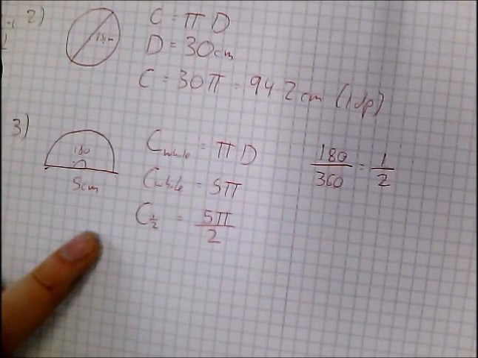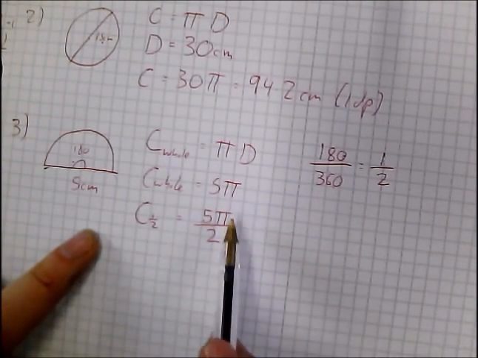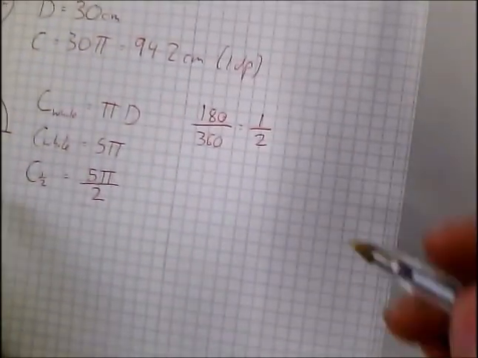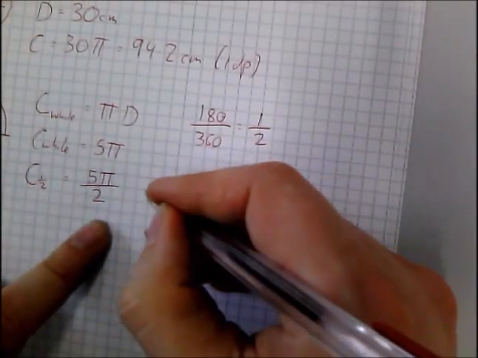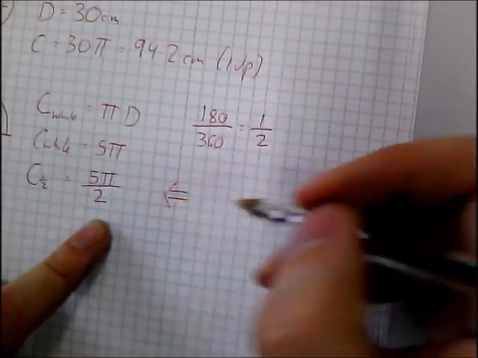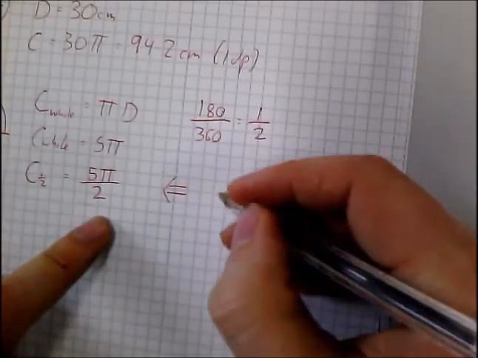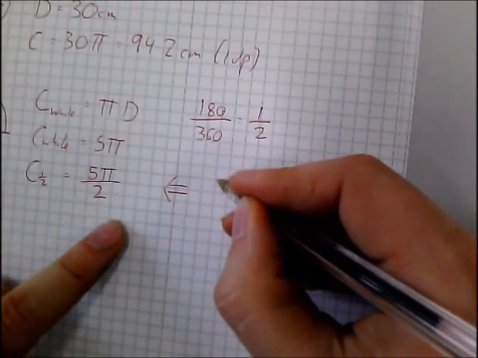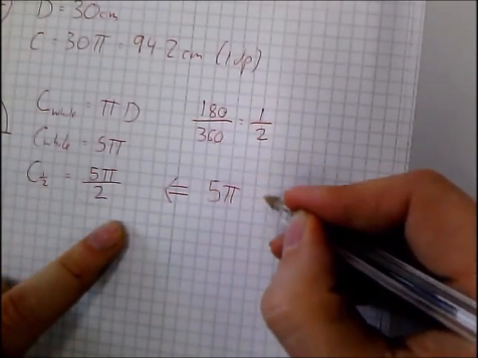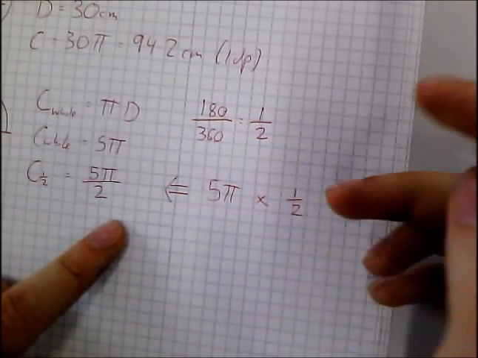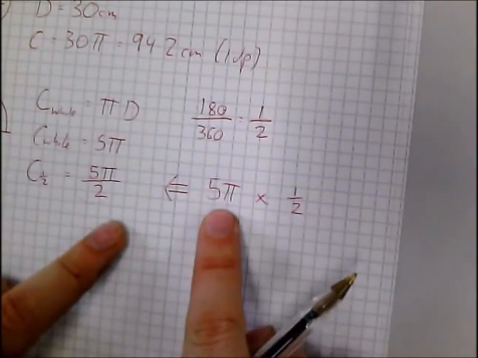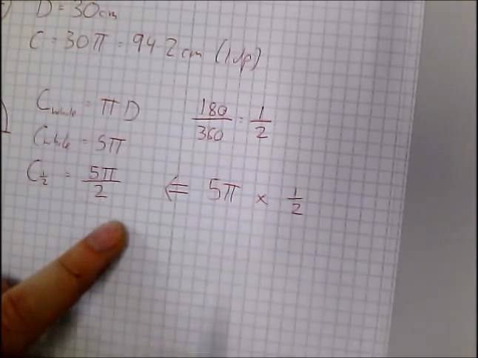Okay, I'm going to go through that bit in a little bit more detail. If you multiply by a fraction, what I've done here, and this you wouldn't normally write as working out, is I've got 5 pi multiplied by a half. So I want to find a half of the circumference, which is 5 pi, and of means multiply.